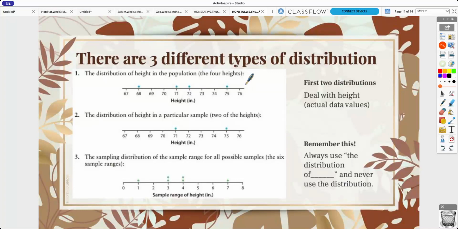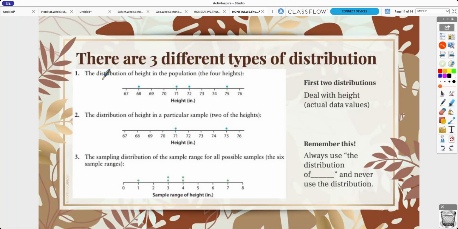And then the second one is the distribution of height in a particular sample. So you take a sample and then you just plot the height. So say we take two sons with height 71 and 75. And there are six of these that you can draw.